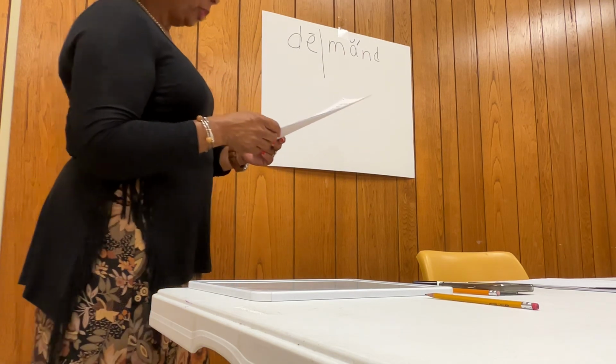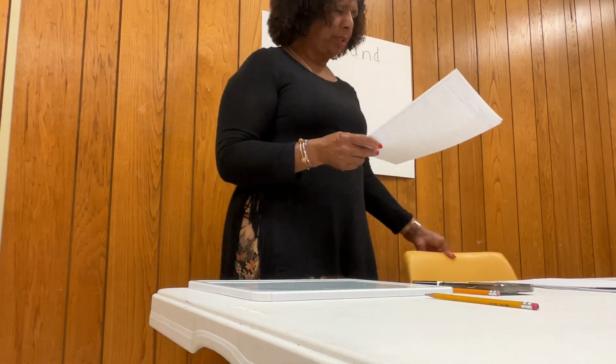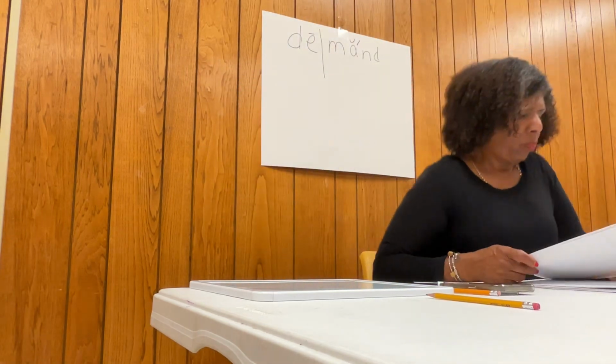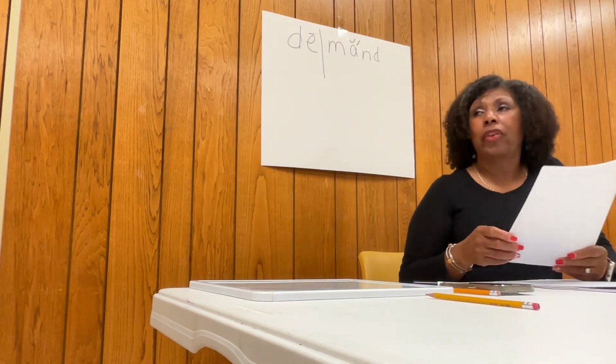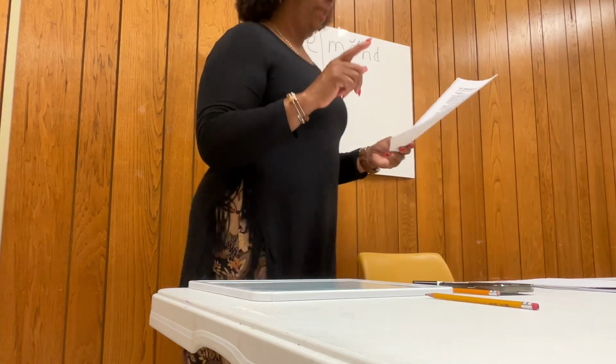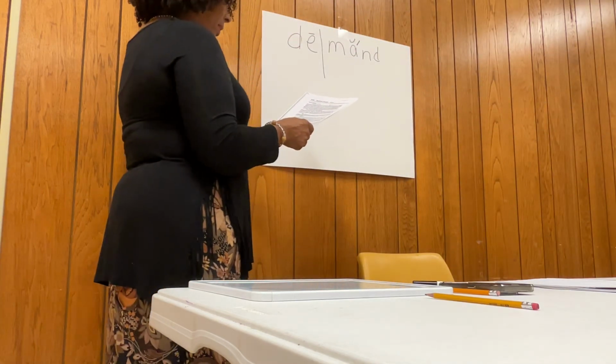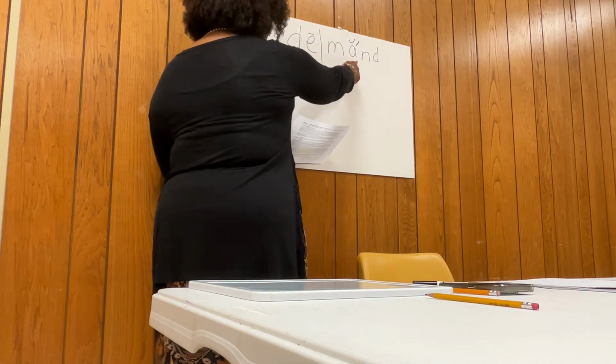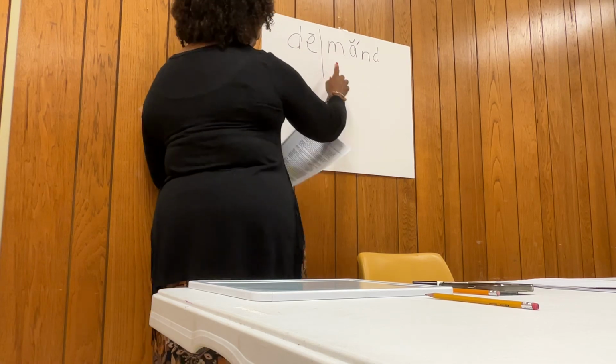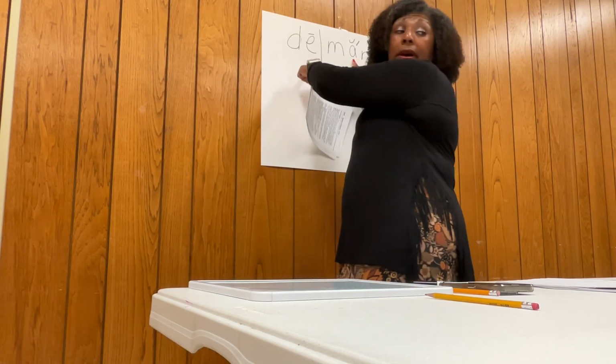So now we're going to review the steps for syllable division. As you know, first thing we do is count the vowels. We see how many vowels we have. We put our two fingers under the vowels.